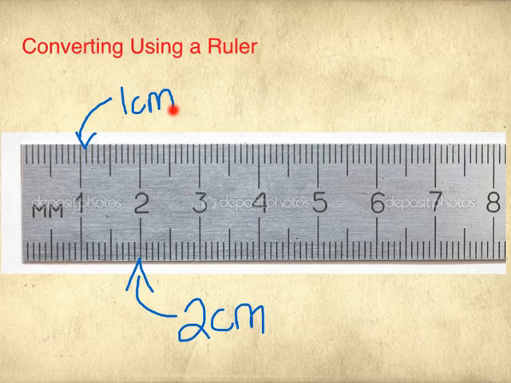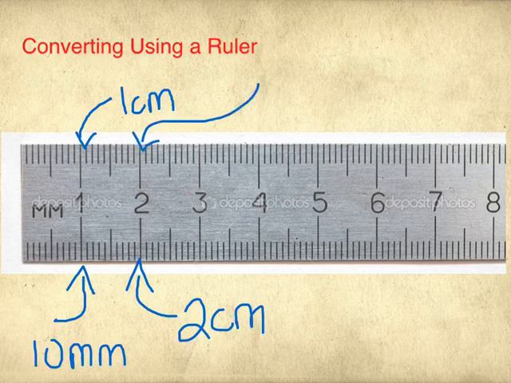So not only is this line 1 centimeter, but it is also 10 millimeters. Not only is this line here 2 centimeters, but it is also 20 millimeters. So you can use a ruler to convert.